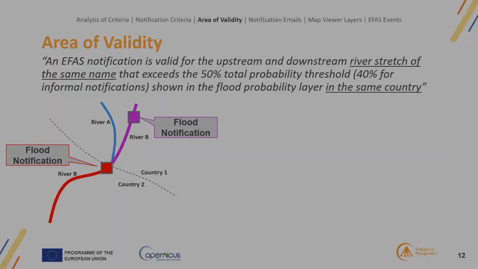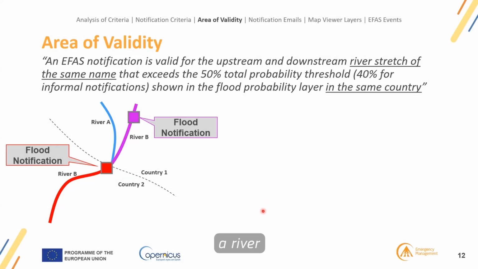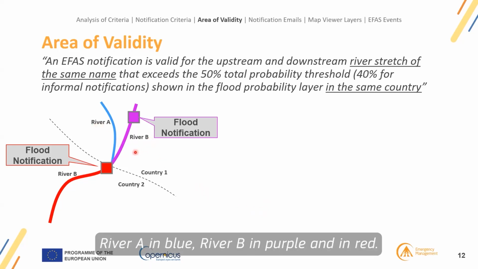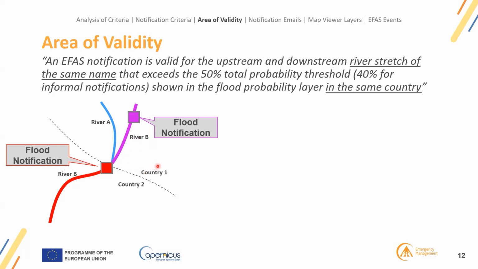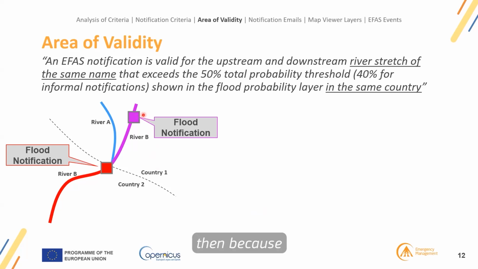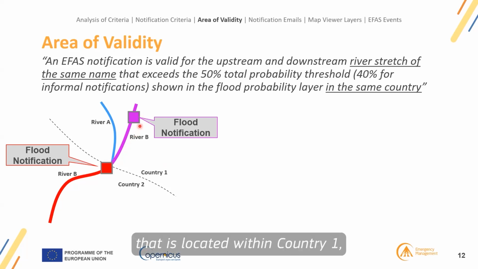What happens if we have a river that goes through 2 different countries? In this case, we have the same rivers again, River A in blue, River B in purple and red. If we have a flood notification here in the purple area, then because it's in country one, that flood notification is only valid for the upstream and downstream area of River B that is located within country one, so the purple region.